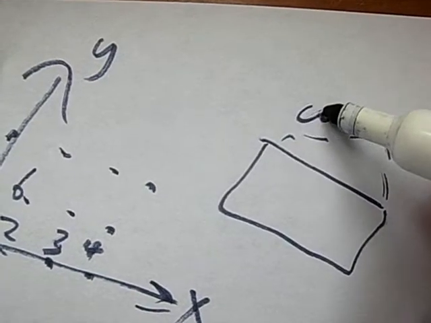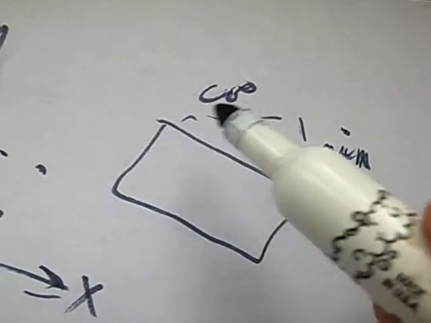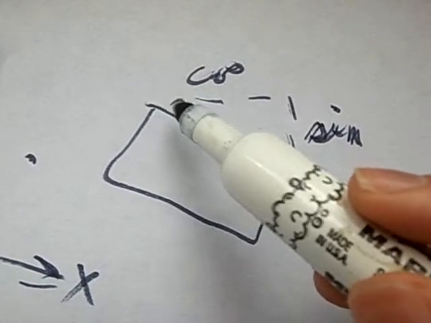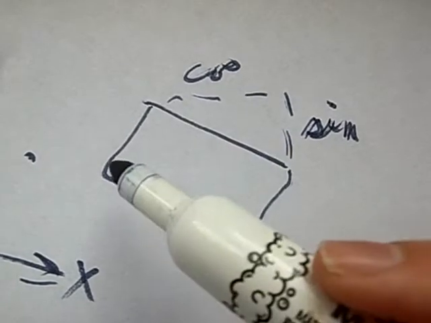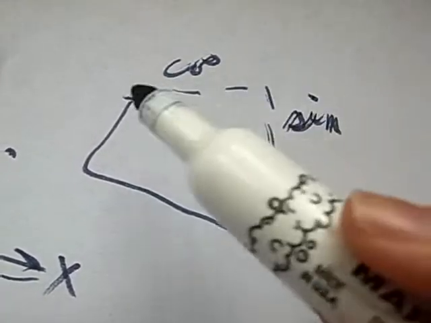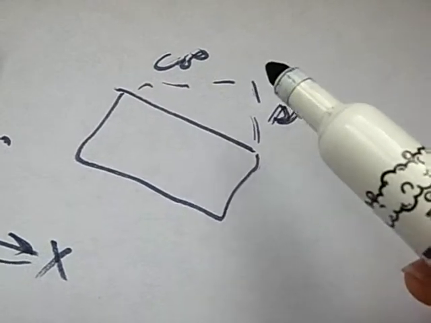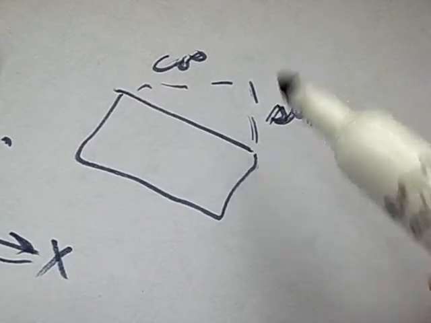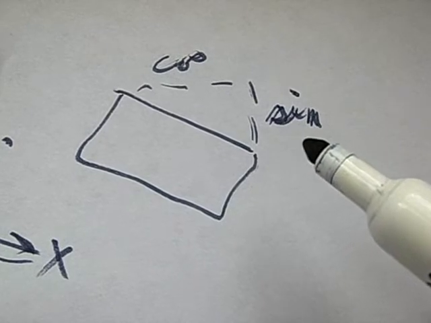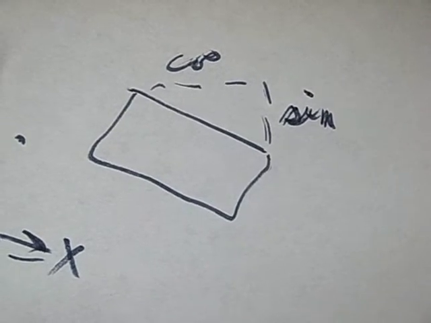So let's just say this is cosine and this is the sine. Since you've found the position relative to here and here, the x-axis would be the cosine and the y-axis would be the negative sine, I think, something like that.